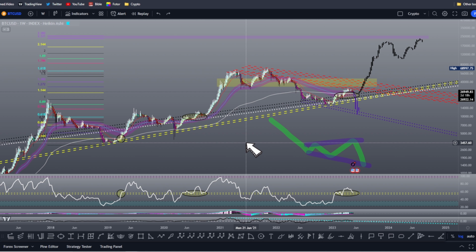But what I wanted to point out here is something I further elaborated on. I've been going over this RSI on multiple different charts for a long period of time at this point, but I want to clearly point this out once more just to further validate that previous monthly chart. It's pretty clearly painted out here.